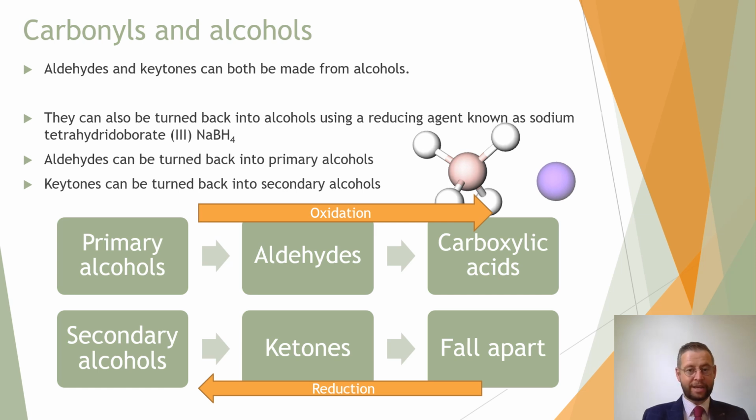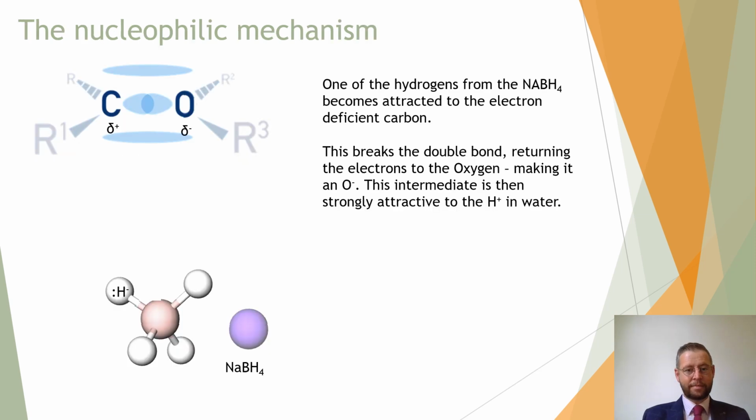It is from this chemical here, sodium tetrahydroborate, NaBH₄. That's probably pronounced wrong, but one of the hydrogens of this is going to become the nucleophile that we need to attack the carbon to reduce these and deoxygenate the chemical.